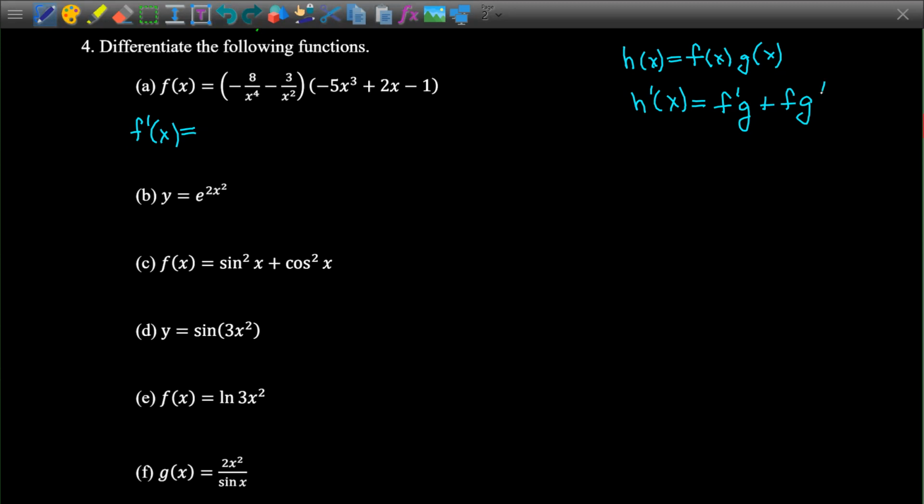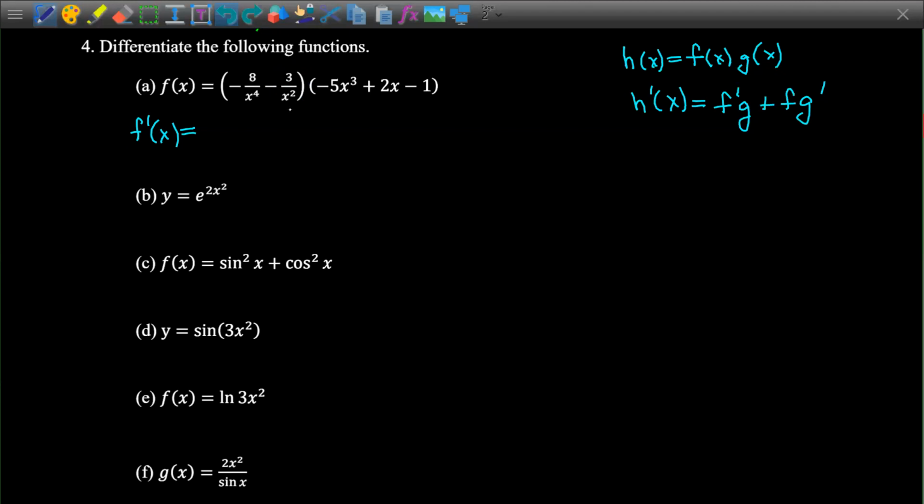So we're going to take the derivative of this first factor, and I'm just going to do it without rewriting it. You can see that the first term is the same as minus 8x to the minus fourth, and this one is minus 3x to the minus 2 power.